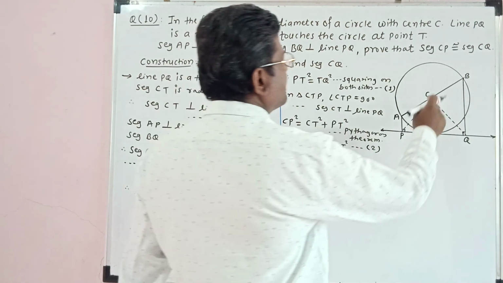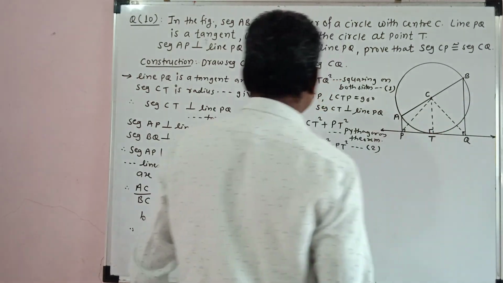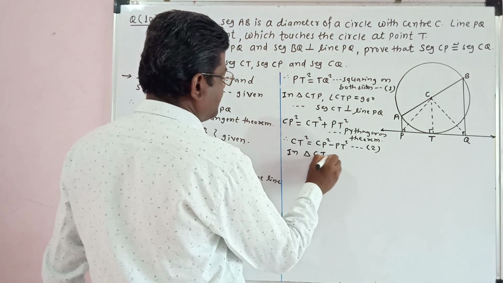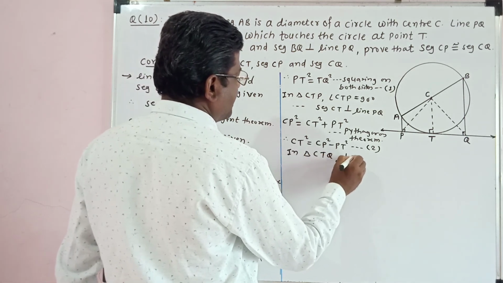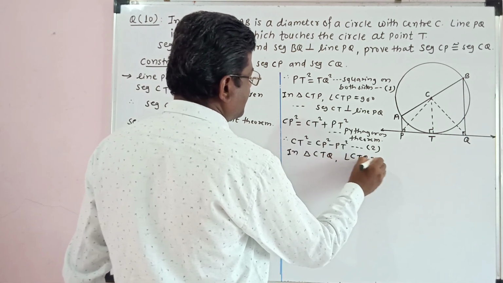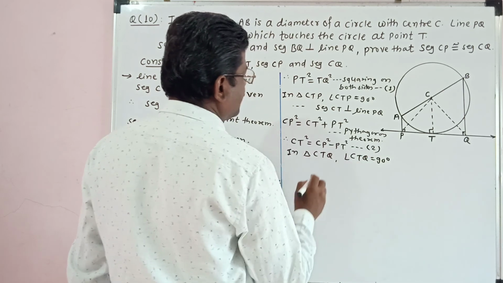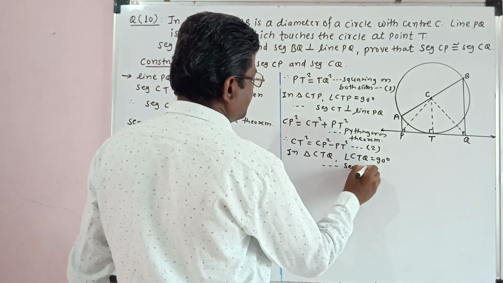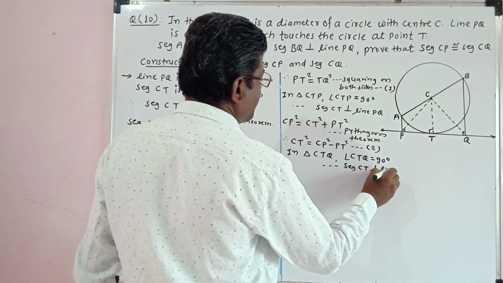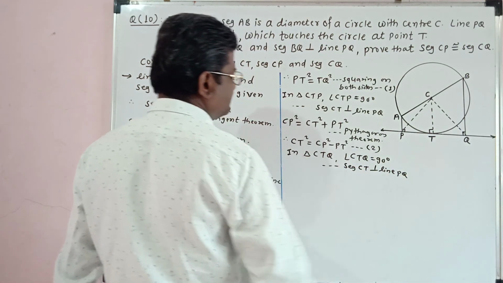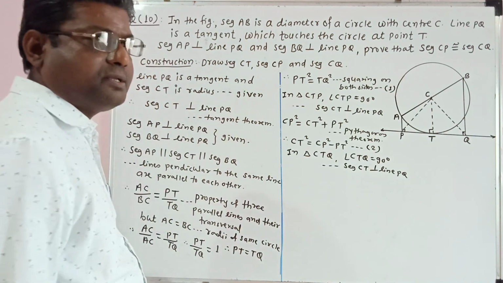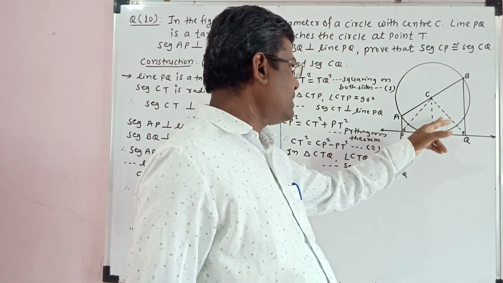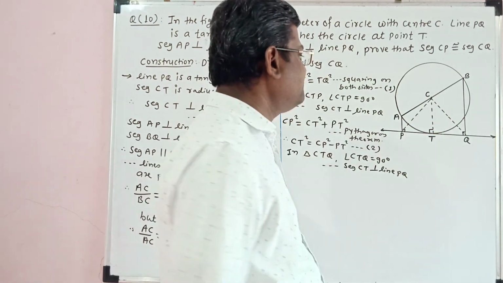Now consider triangle CTQ. In triangle CTQ, angle CTQ is equal to 90 degrees. Reason is segment CT is perpendicular to line PQ. This is also a right angled triangle. For this triangle, we can apply Pythagoras theorem.